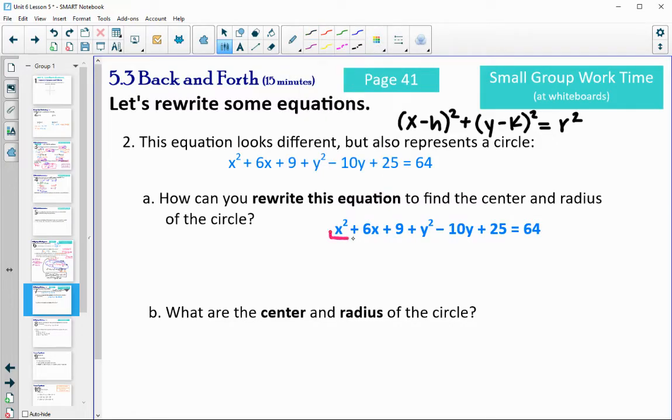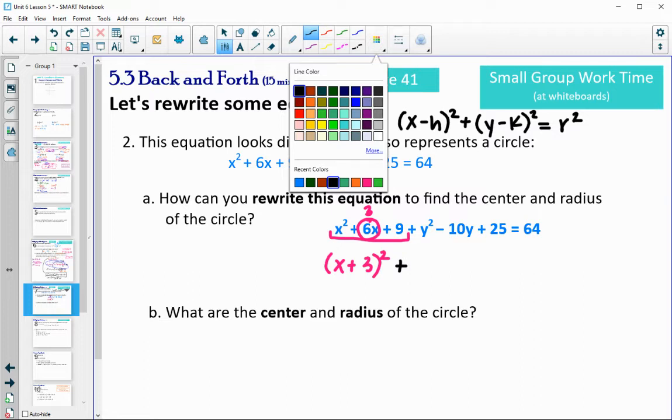Right here, when we're comparing these x's with this 9, do we see that the pattern fits, that this term divided by 2 is 3, squared is 9? So we could factor this part back to (x plus 3) squared.